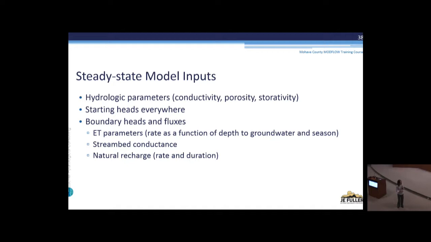But you still have ET as a function of depth, and you still have the same kind of stream bed qualities that determine how fast recharge can make it through the system into the groundwater, and you still have natural recharge. Of course, natural recharge may not be constant either. This is a big hang-up we have in a lot of modeling.